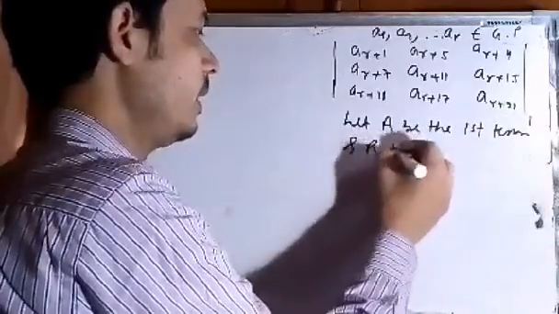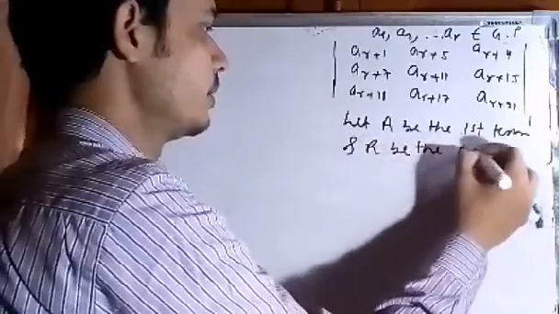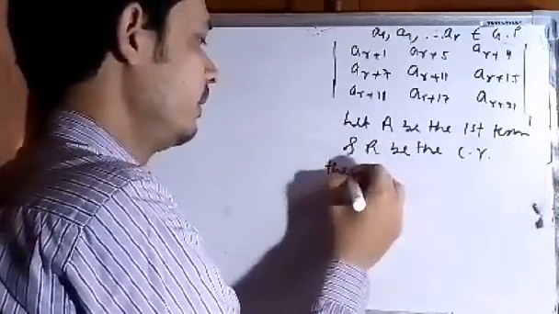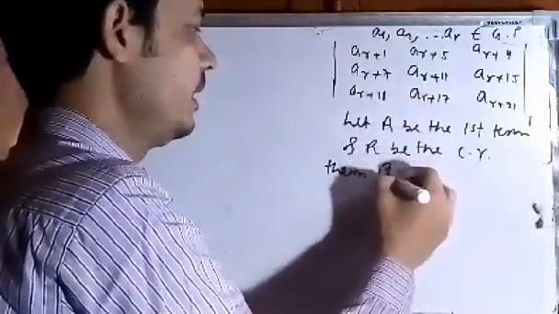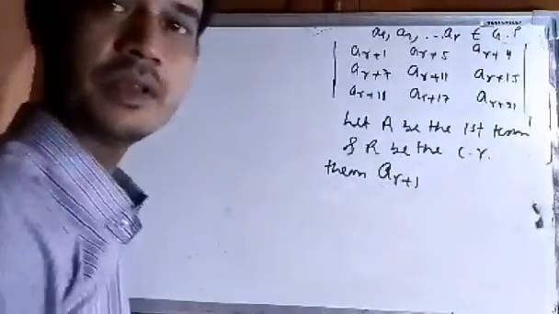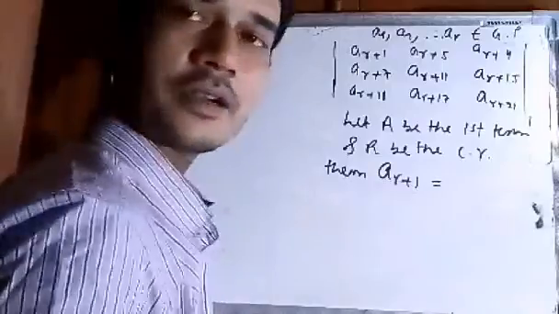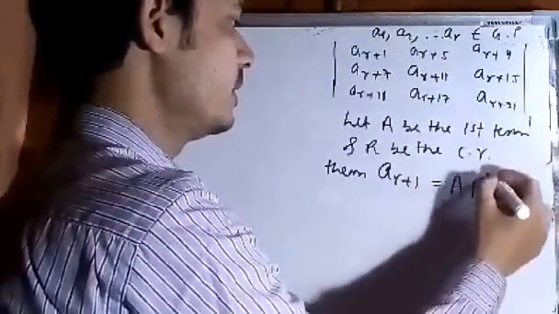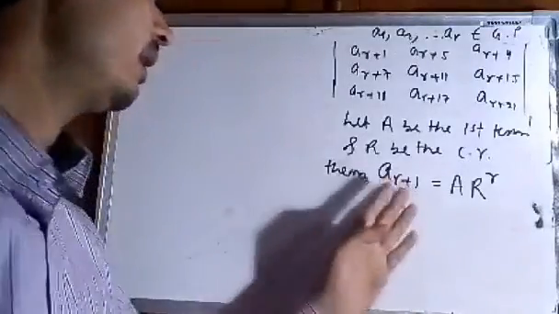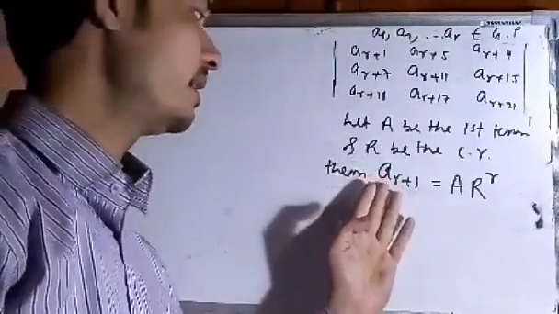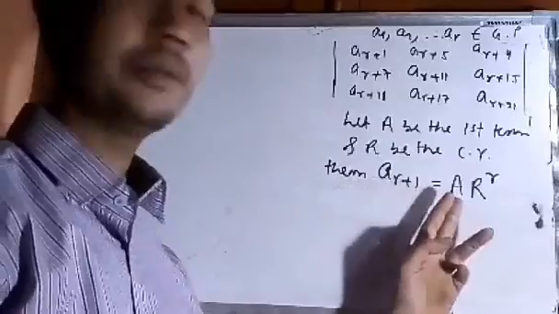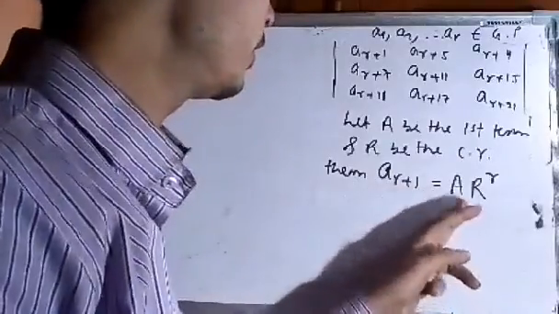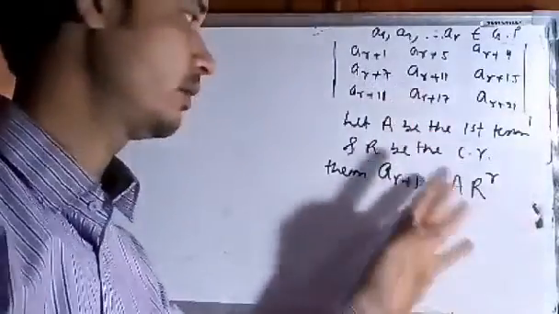Now we know that if we take capital A as the first term and capital R as the common ratio, then we have A r plus 1, which is like T r plus 1. So what is the formula? It is A R to the power n minus 1, that is capital A R to the power r. Because in our problem, small a, the first term of the GP, is capital A, and the common ratio is small r in the book.